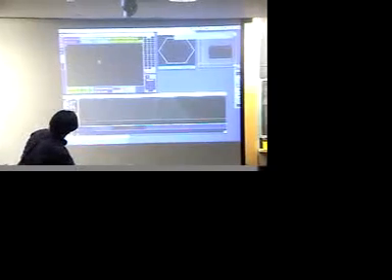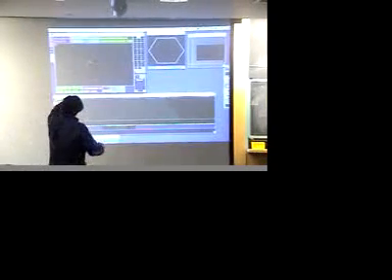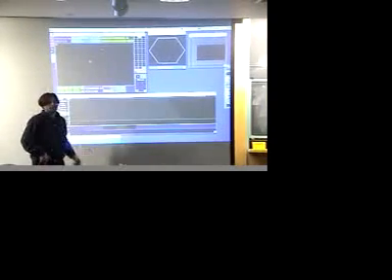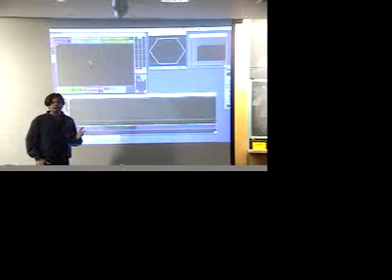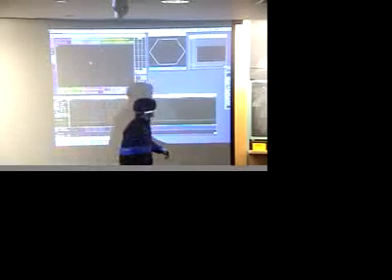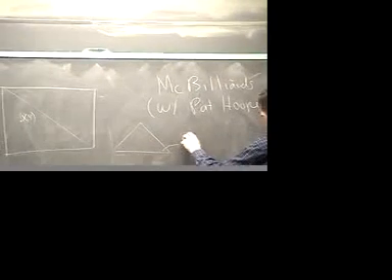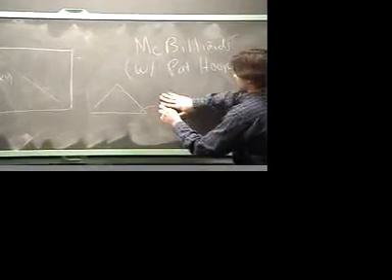In the window up here, each point represents a different triangle. The way this is done is that the point xy represents the triangle with angles, basically, x and y.